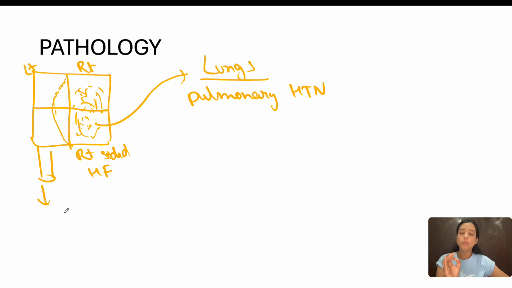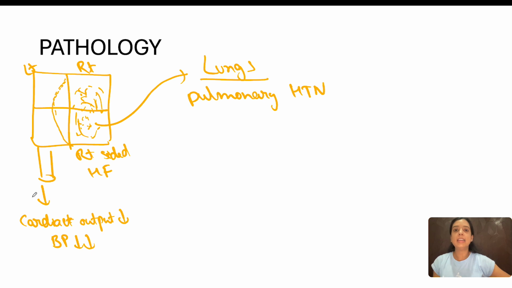So when the output of the left side of the heart is reduced, can I say the cardiac output is reduced? Can I say the blood pressure of the patient is going to fall? And all these things started with the lungs, with transient pulmonary hypertension, but resulting in right and left-sided heart failure will eventually also lead to pulmonary edema.